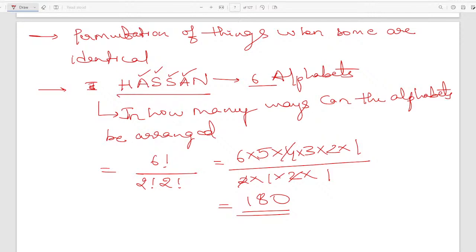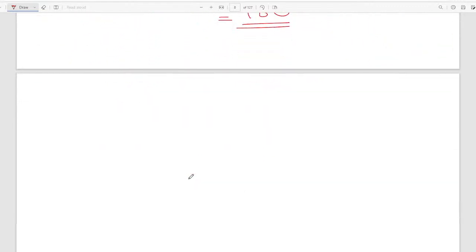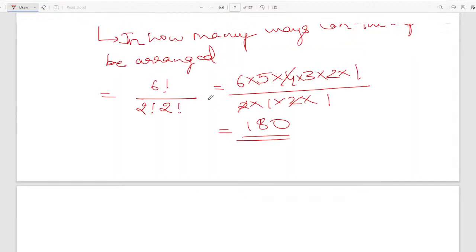Similarly, for a generalized formula, this is for a specific example.